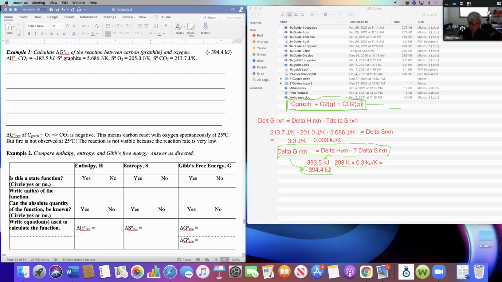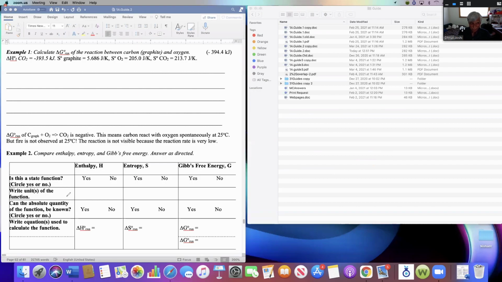Okay, example 2. Compare enthalpy, entropy, and Gibbs free energy. Answer as directed. Enthalpy, entropy, and Gibbs free energy. Is enthalpy a state function, folks?